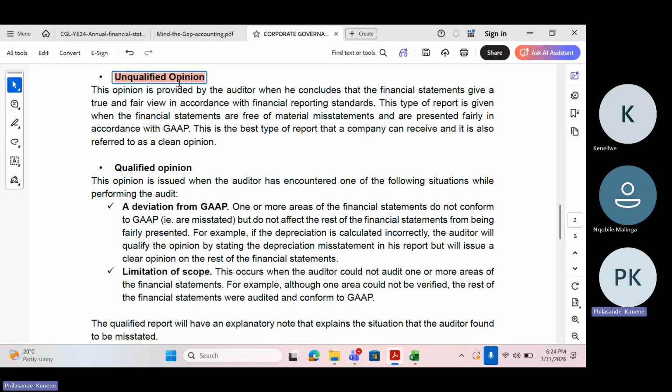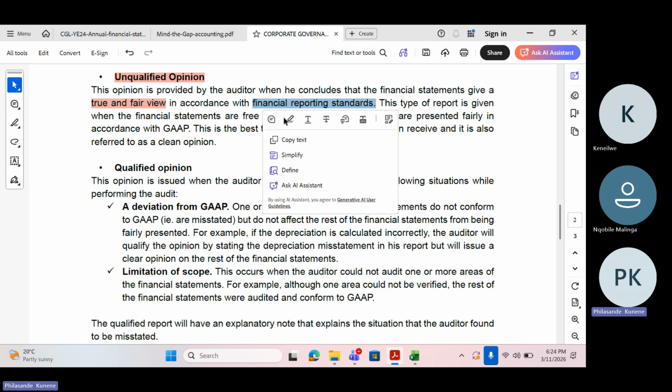What is an unqualified opinion? Let's see. This opinion is provided by the auditor when he concludes that the financial statements give a true and fair view in accordance with the financial reporting standards, right?